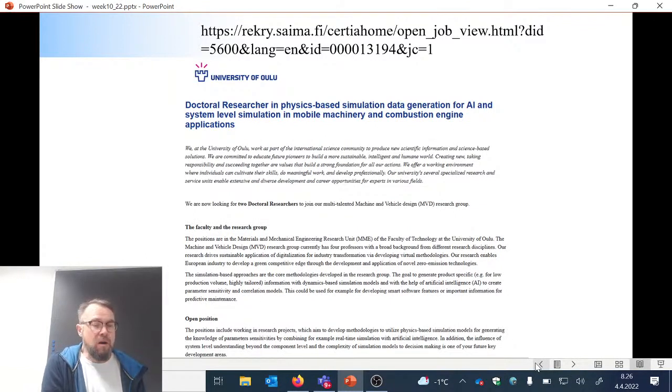Why do we want to do it? Because we would like to automate certain operations and certain features of mobile machinery. And of course, the big dream is to make them fully autonomous. I don't think that it's going to happen in this 2 years project, but there are going to be fundamentals that are later used to make mobile machinery more autonomous or have more automated operation actions.